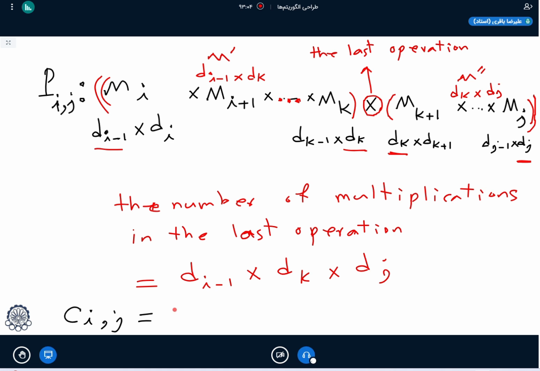Let Cij denote the total number of multiplications in problem Pij. Okay. In the left side we have Cik. In the right side we have C(k+1)j.